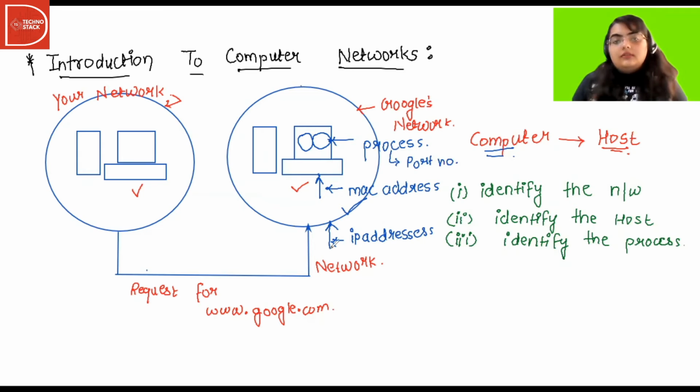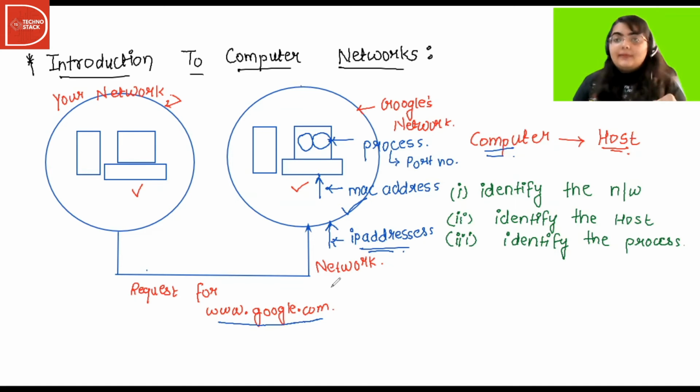Now, when we want to identify a network, this is the IP address I want. But what do I have over here? I only have www.google.com. I cannot remember the IP addresses of all the systems.